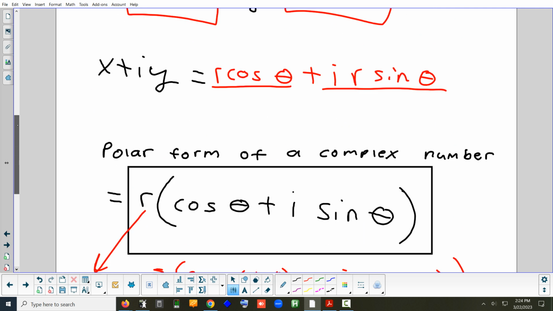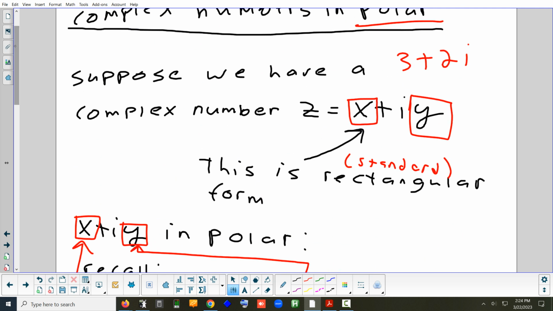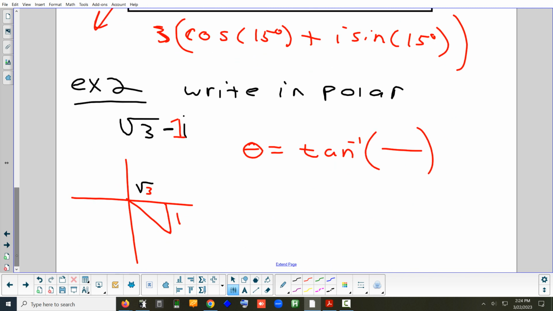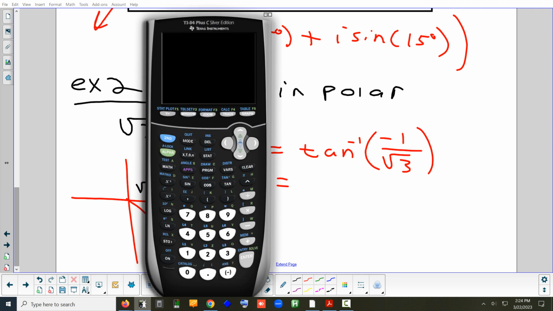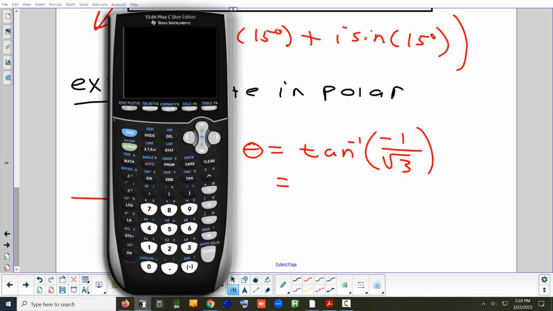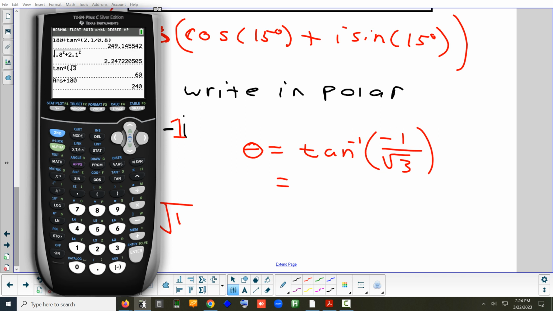If you get confused, just look back up at where the x and the y are. The number next to the i, that's the y. And the number that's the real part, that's the x. Okay, so we need an inverse tangent of negative 1 over square root of 3. Inverse tangent, negative 1 divided by square root of 3.